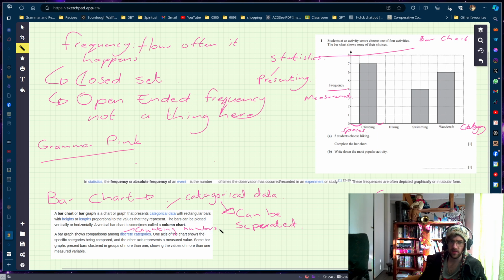So a discrete variable can be counted, whereas a continuous variable is measured. Does that make sense? Okay. So, does that give you actually a lot more clarity as to when to use a bar graph?